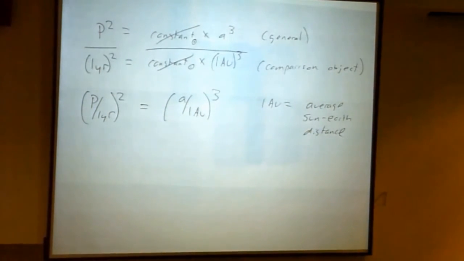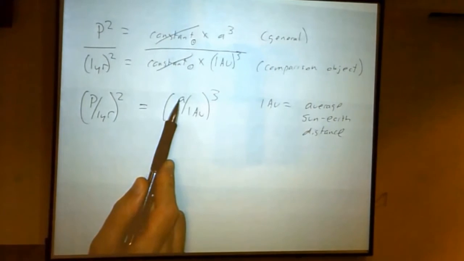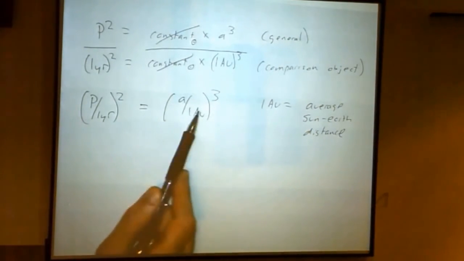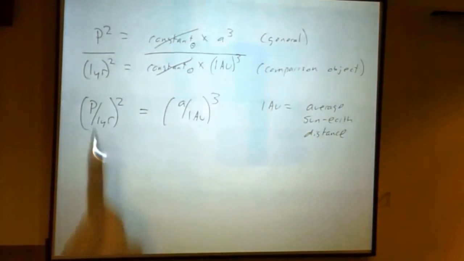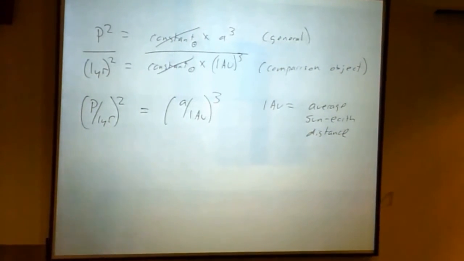So now we have an equation that's a little bit easier to use. In the case of Jupiter, it's 5.2 times farther from the sun than the Earth. So it's 5.2 astronomical units. We stick 5.2 astronomical units in here. The AUs cancel, and it's just 5.2 cubed. Take a square root, and you have the period in years. Okay, we'll do this in just a second.